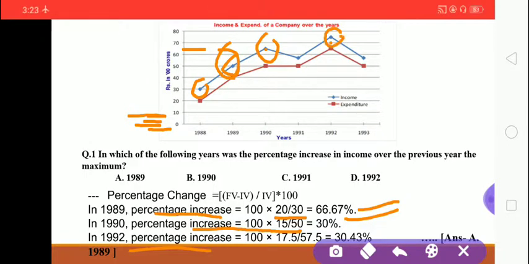For 1992, this was the final value, that is 75. We will consider it as in between 80 and 70. 75 minus this, again we will consider as a center, that is 55. Sorry, it is nearly near to the 60 mark.